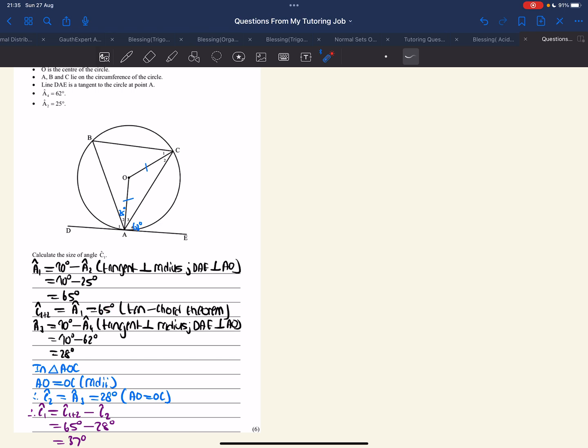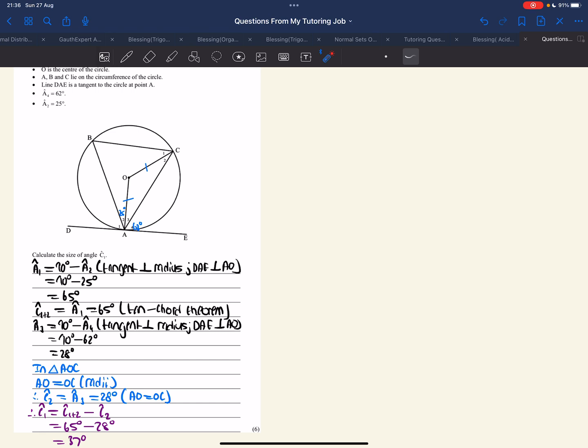Then you could have used the tangent chord theorem again to find angle B, because B is equal to 62 degrees. And then you could have found the angle at the center by using angle at center equals twice angle at circumference.